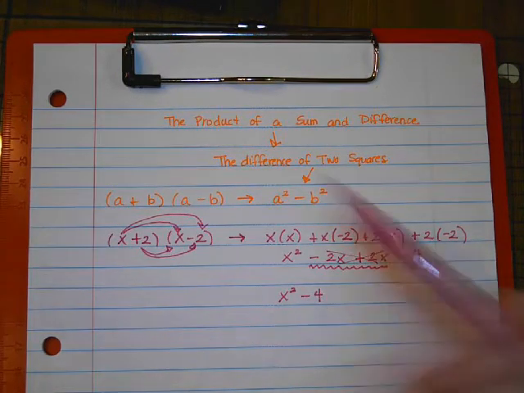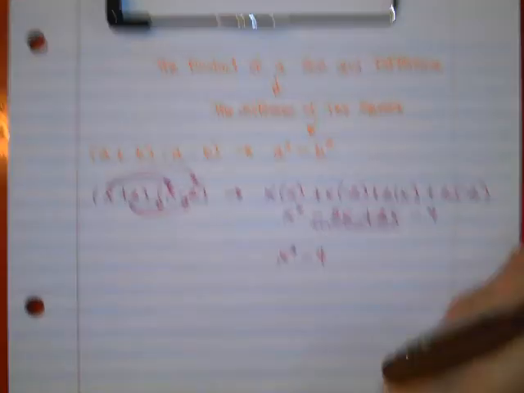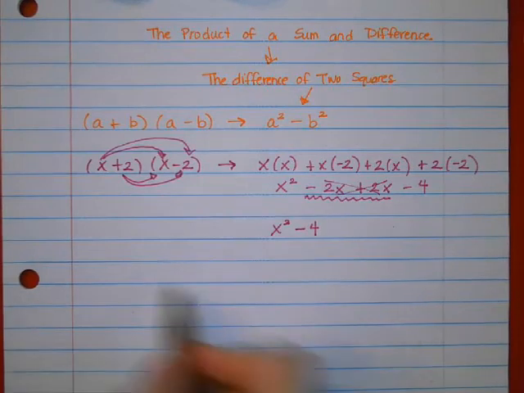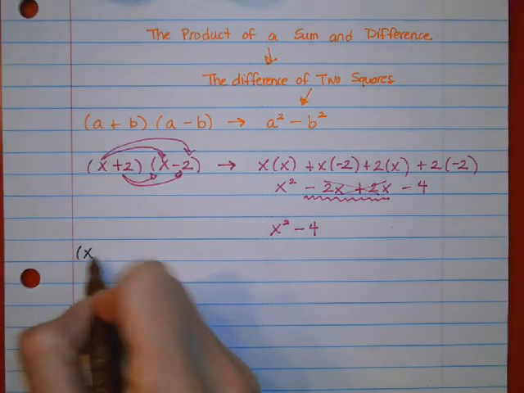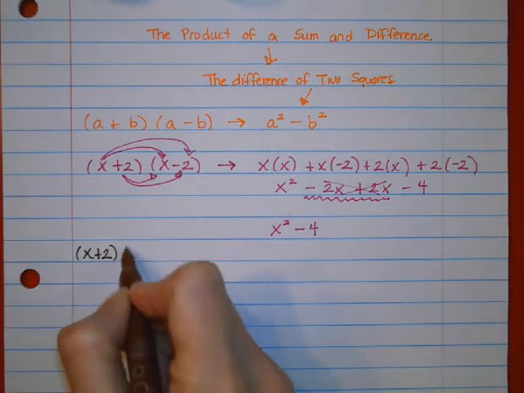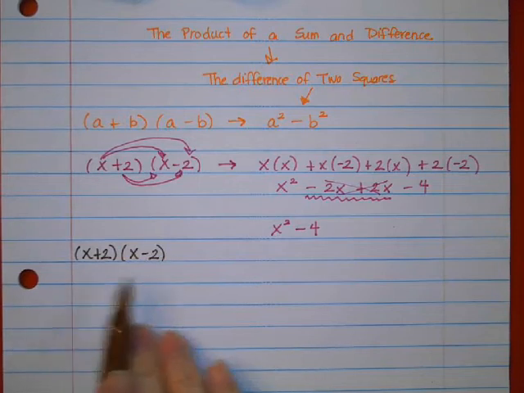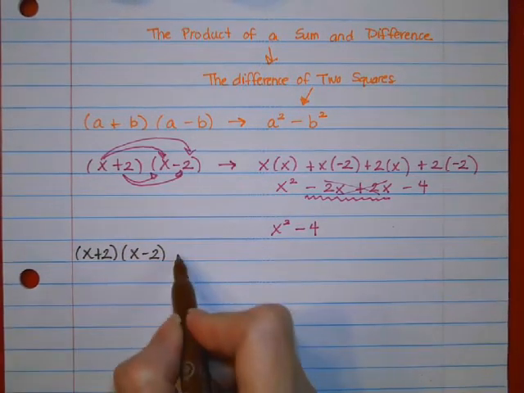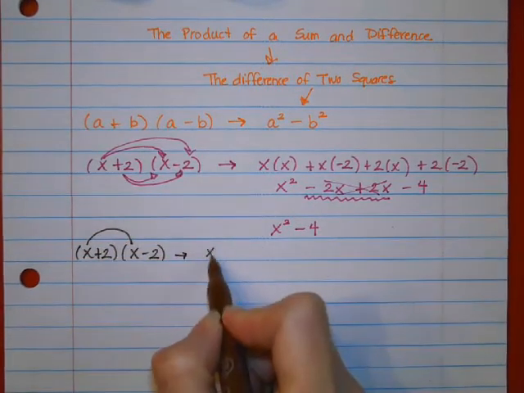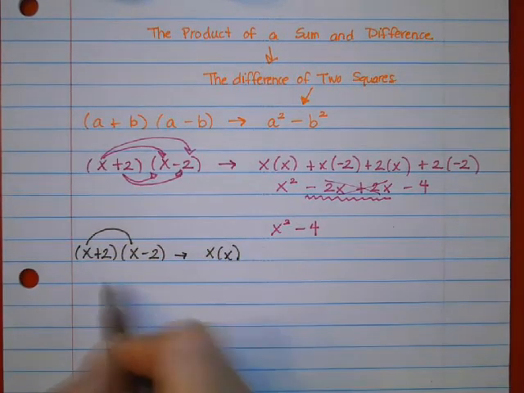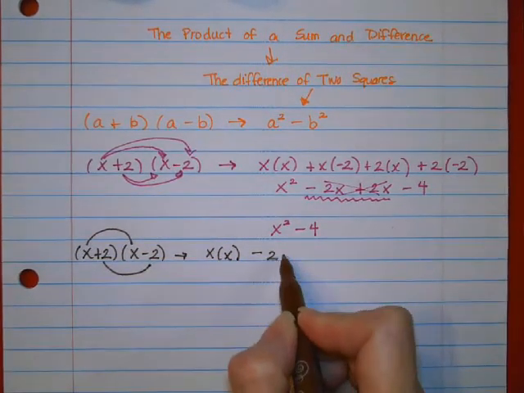Now I'm going to show you that same one in the short method. If I have x plus 2 times x minus 2, multiplying a sum times a difference, all I have to do is multiply the first two, x times x, and then minus the last two, 2 times 2.